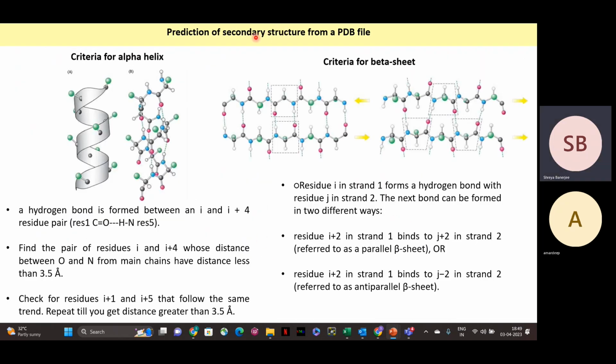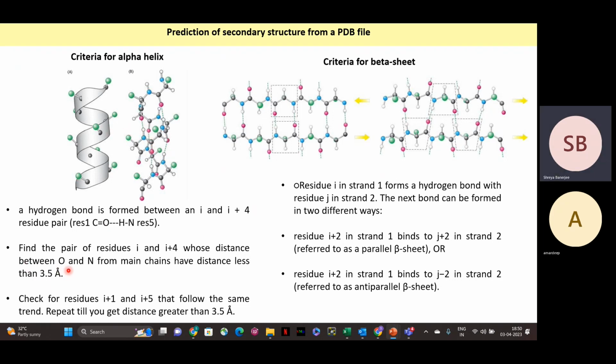Similarly, the data from a PDB file can be used to predict the secondary structure in the molecule. We had learned about alpha helices, and we know that in alpha helices, there is a hydrogen bond between the ith and the i plus 4th residues. From the PDB file, you can find out the distance between the carbonyl and the NH of the ith and i plus 4th residues. If this distance is less than 3.5 angstrom, then a hydrogen bond exists.